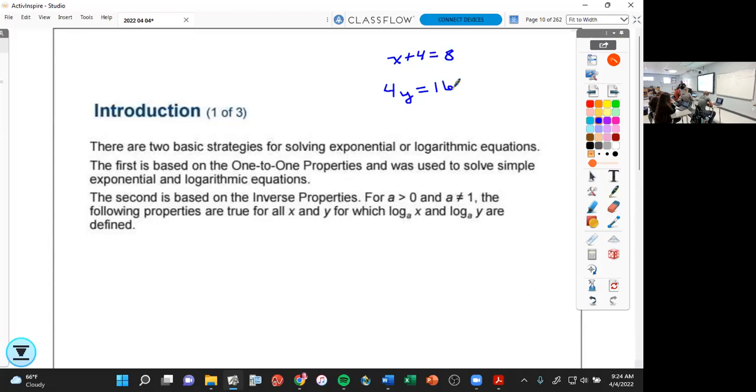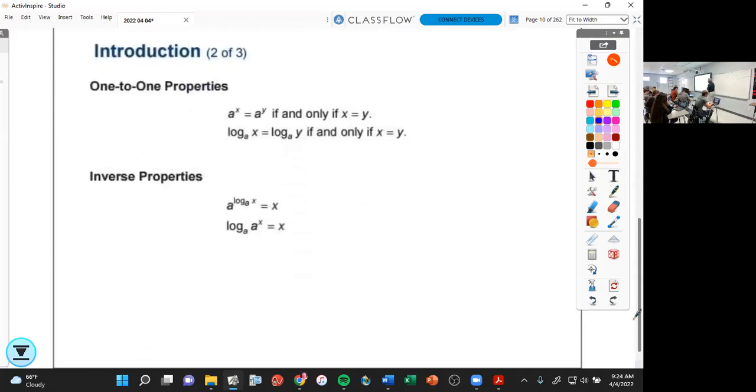A has to be greater than 0, but it can't be 1. And the following properties are true for all x and y for which log base a of x and log base a of y are defined. One-to-one properties: if a to the x is equal to a to the y, what must be true? x must equal y, right? You've used that in your homework, I think. So if I've got a to the 5th power and a to the x power, what's x?